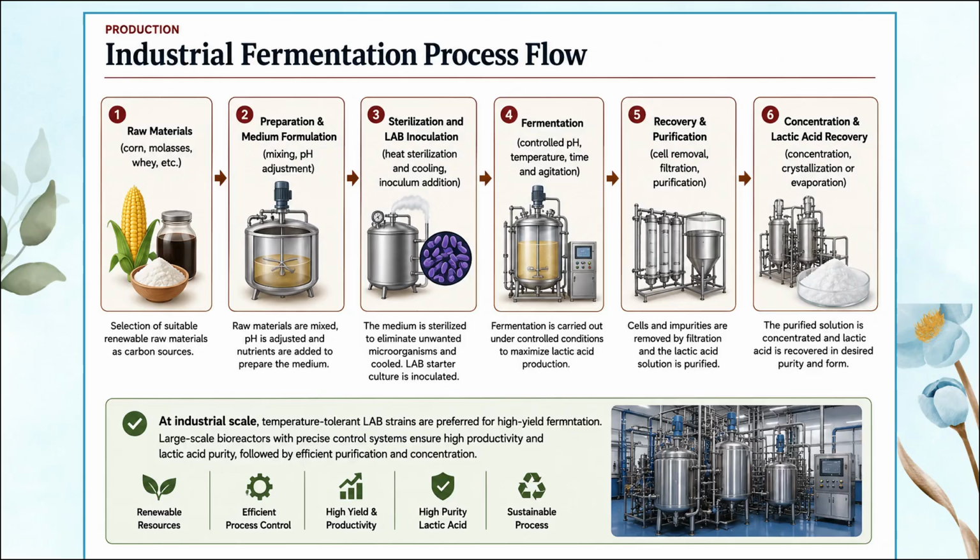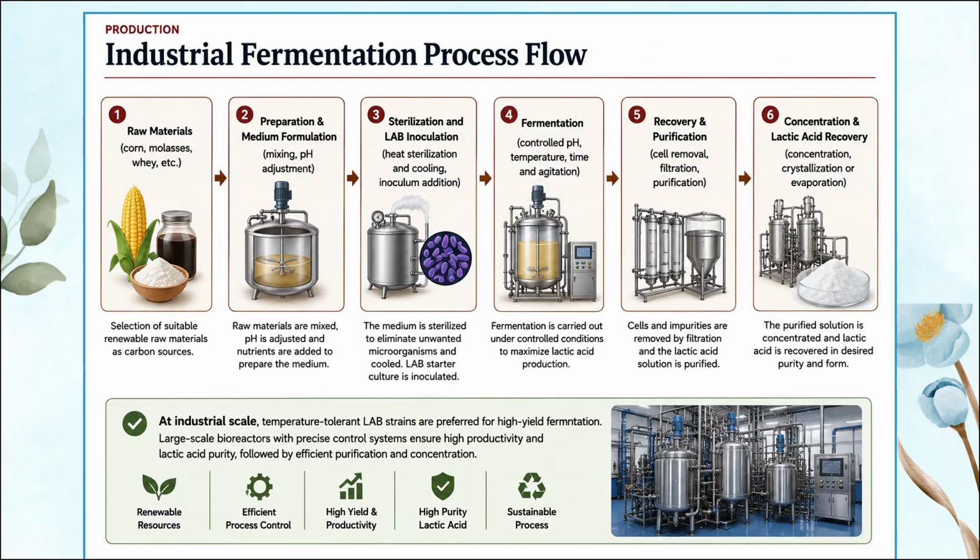All the raw materials are mixed together, we adjust the pH, and the nutrients are added for the media preparation. After that, we sterilize the medium and add the inoculum. Here the sterilization heating process is involved. After sterilization, it is immediately cooled, and the inoculum, like a Lactobacillus lactic acid bacillus starter culture, is inoculated.